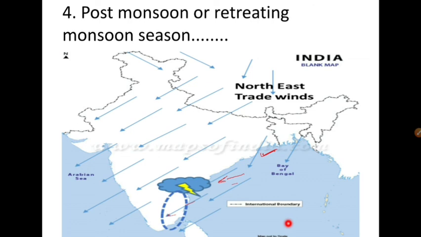The general air circulation pattern in the country is westerly in the north, or you can say northwestern part, and the Ganga plain, northeasterly in the eastern and peninsular India, and easterly in the coastal plains.